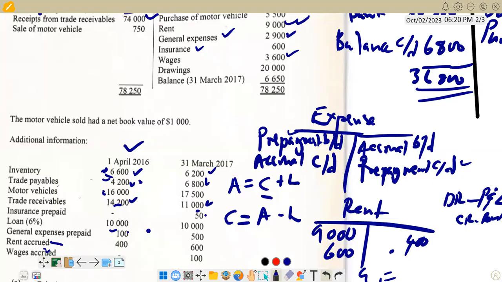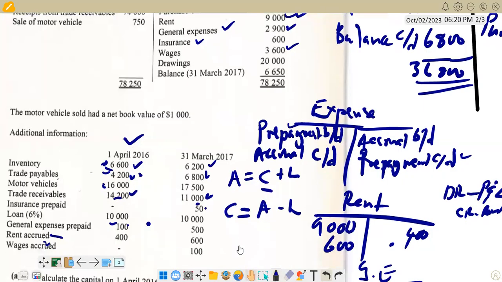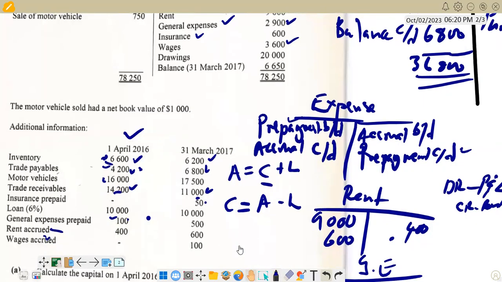At the end, let's check if it's only that one. Yes, it's 100 only at the end, which is an accrual. And you know, when it's an accrual of an expense, we add. Wages is 3,600, and then we add the accrual, which is 100.